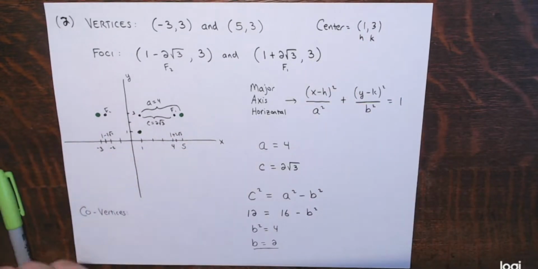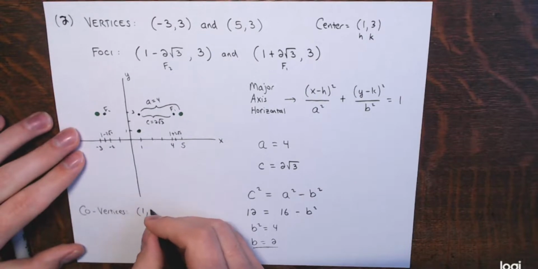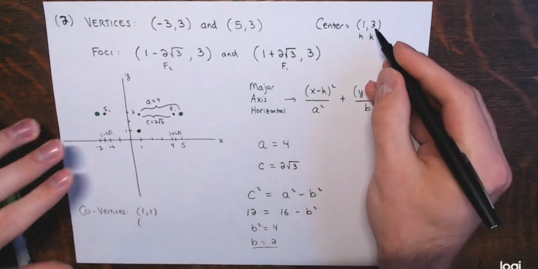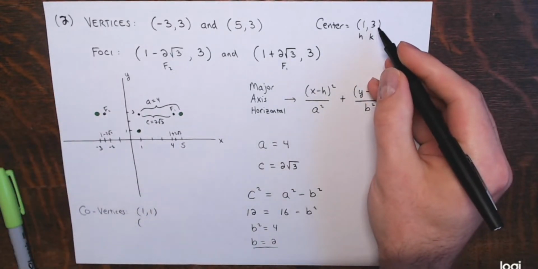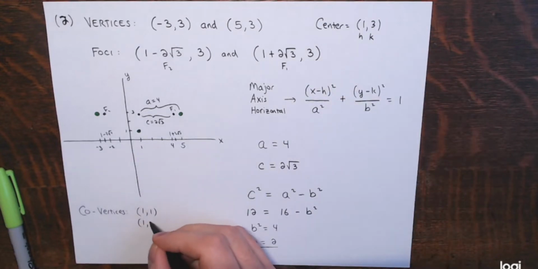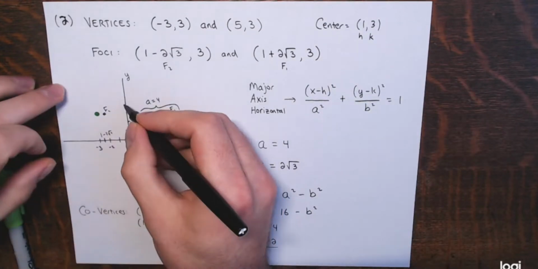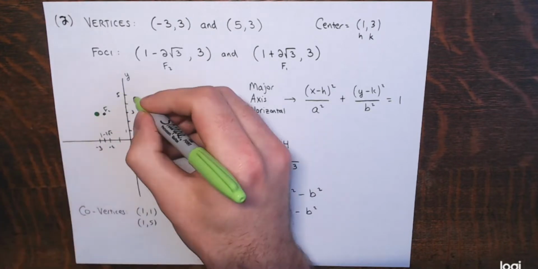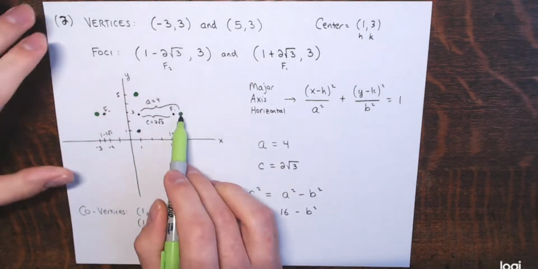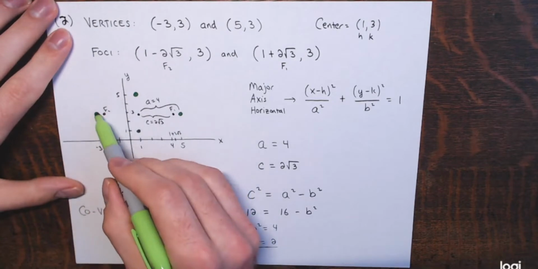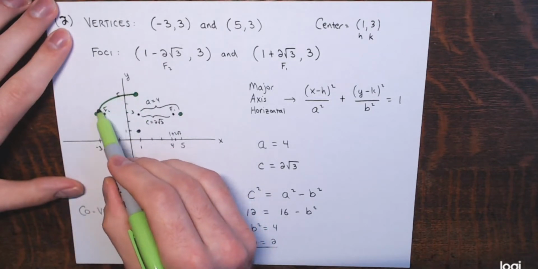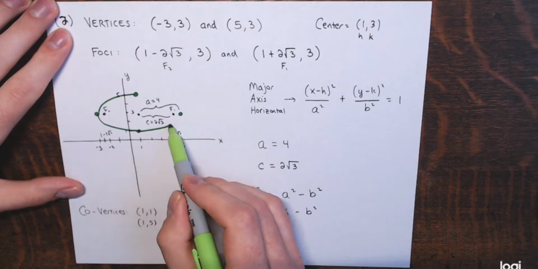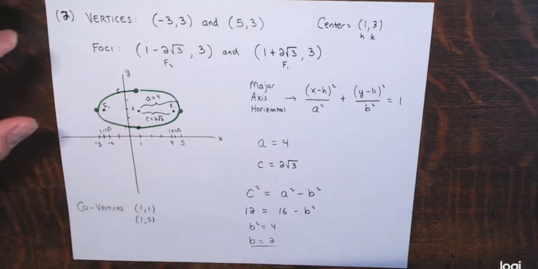So one of the co-vertices will be at (1, 1). That's when I subtract 2 from the y coordinate of the center, and then when I add 2, it would be at (1, 5). And then once I have the vertices and the co-vertices drawn, I should be able to make a rough sketch of the ellipse. Something like this.